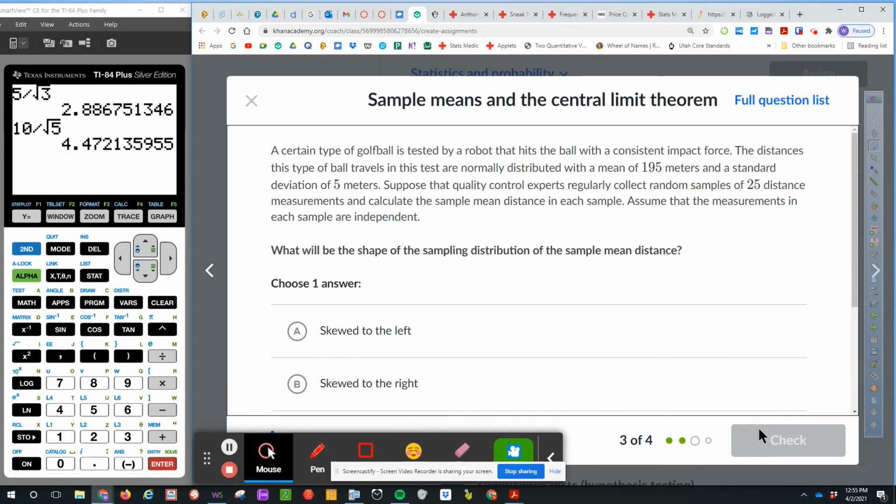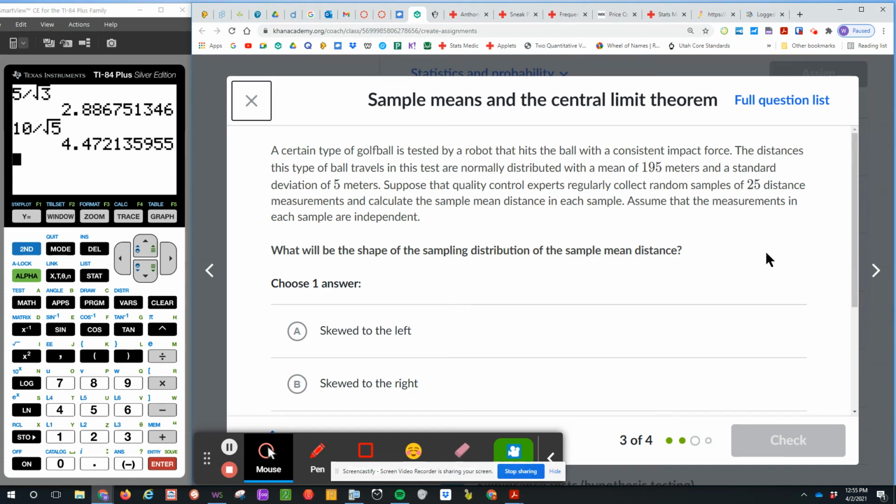Okay, so one more. A certain type of golf ball is tested by a robot that hits the ball with a consistent impact force. The distances this type of ball travels in this test are normally distributed. It tells you that the population is normally distributed with a mean of 195. I can write it this way.